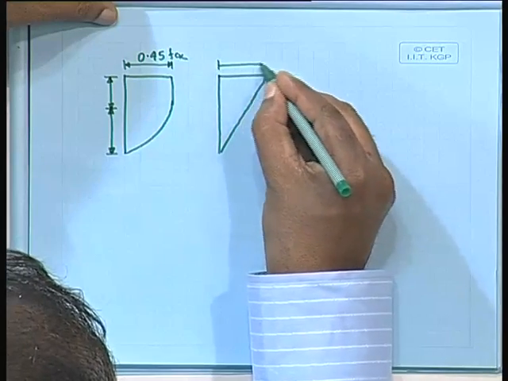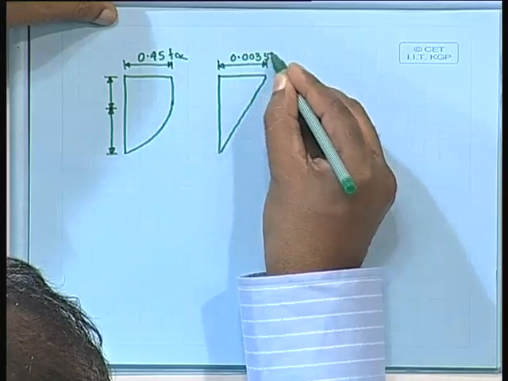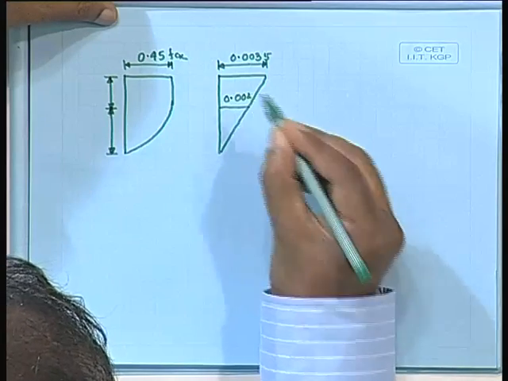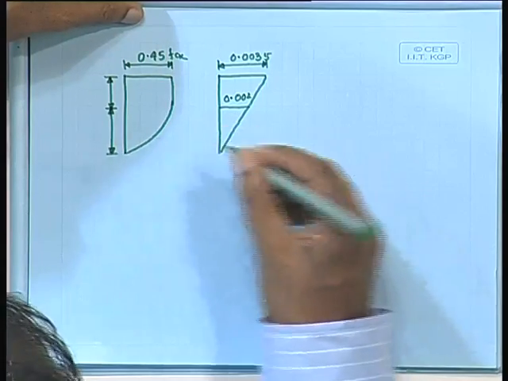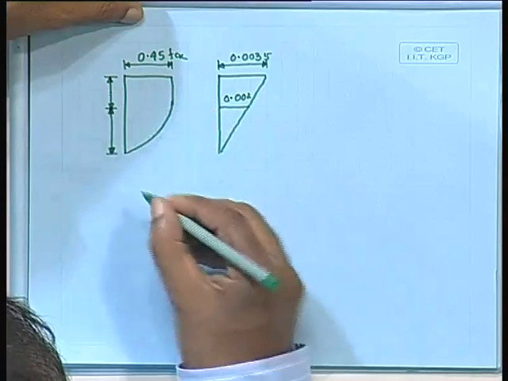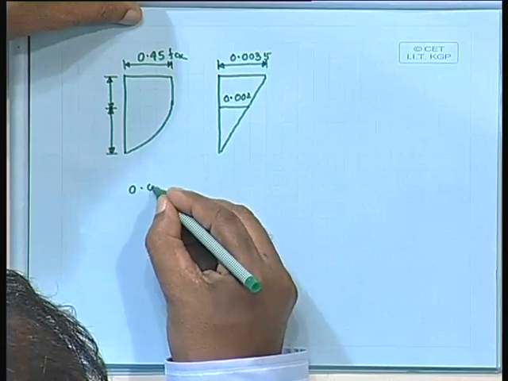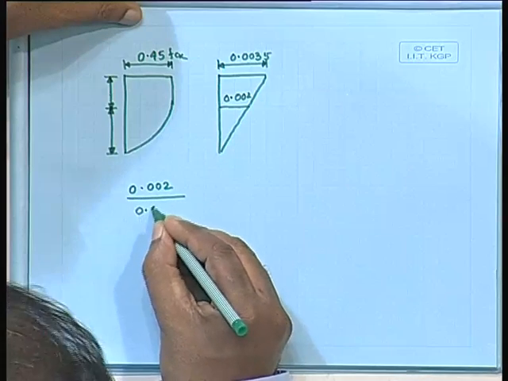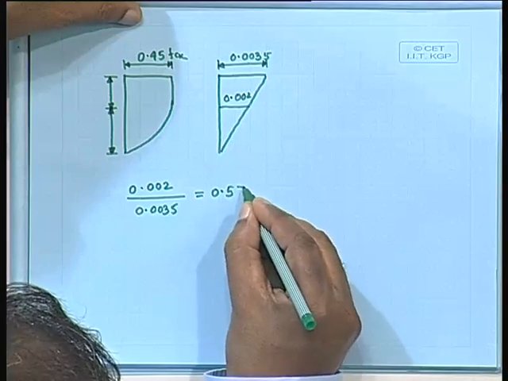The strain here is 0.0035, and this is 0.002. So, what about this value? This one will be equal to this value. Let us find 0.002 by 0.0035, which will be 0.57.